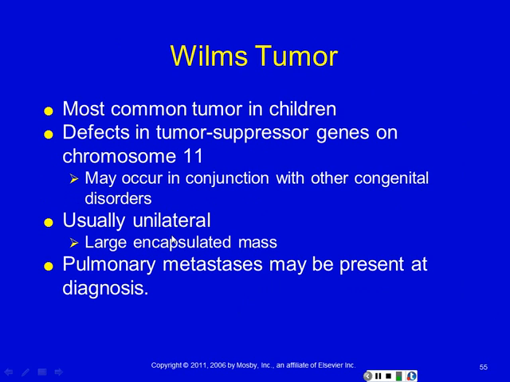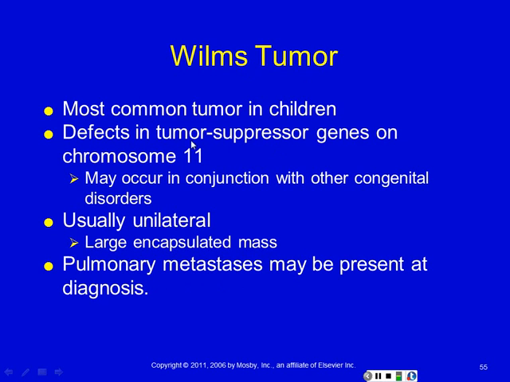Now, it's usually unilateral. It's usually encapsulated, which means that its prognosis is very good. You take out the affected kidney, usually you get the tumor with it, and then that's a cure. There may be metastases, but metastases are not common in Wilms tumor.